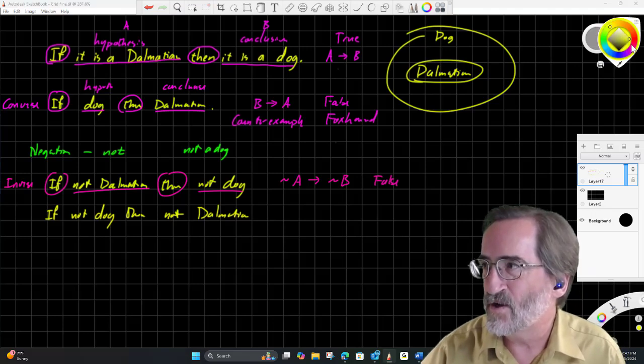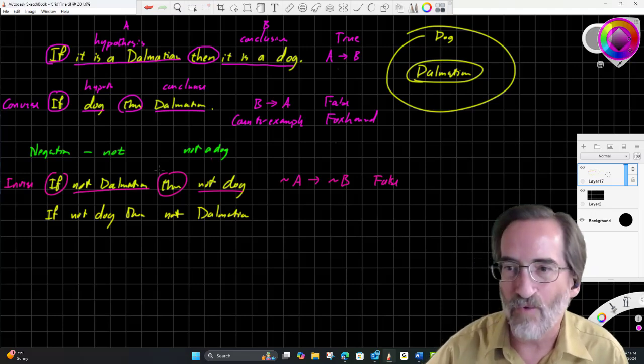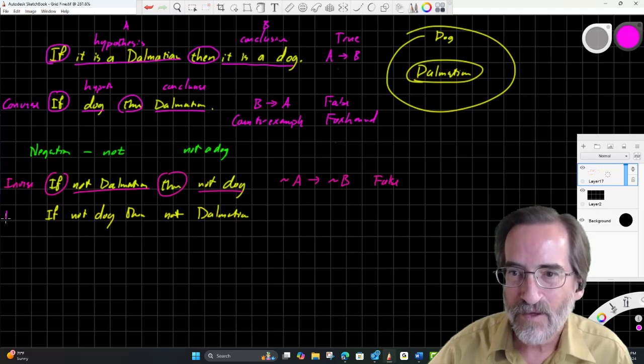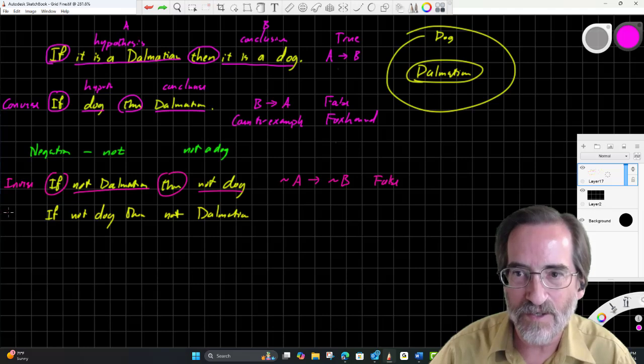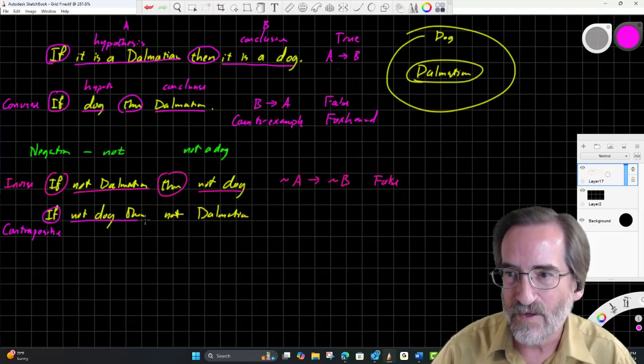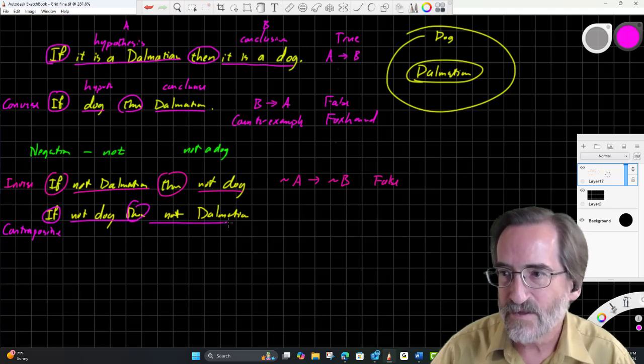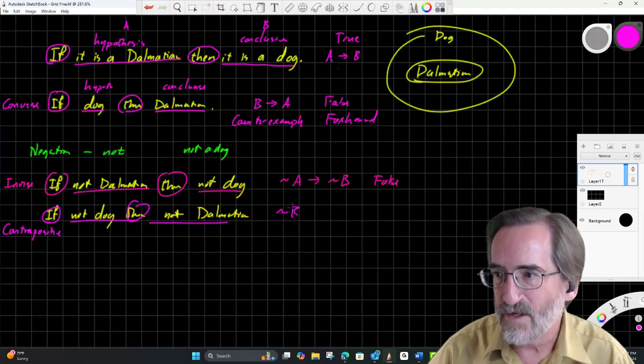If it's not a dog, like if it's a cat or a rock or a fish, okay, we call this the contrapositive. And the symbol for this is not B implies not A.